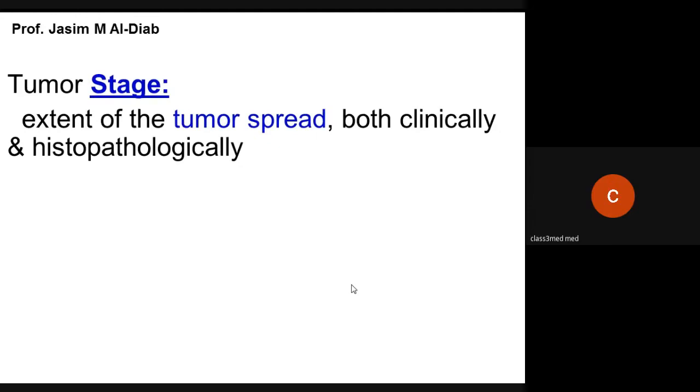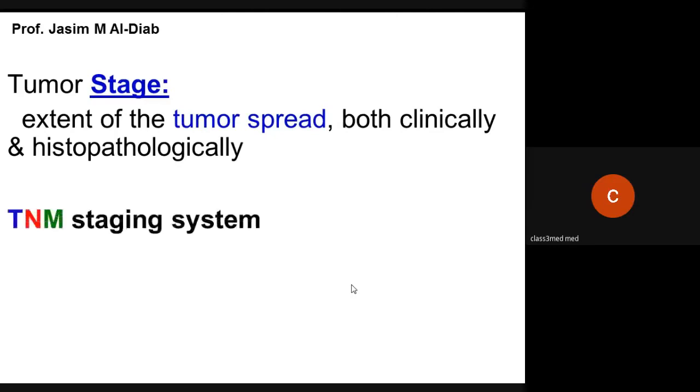Okay, so this is a clinical determination of the stage. But this mass in the liver should be confirmed as metastatic carcinoma histologically in order to give the definite tumor stage. So the tumor stage requires both clinical and histopathological examination.